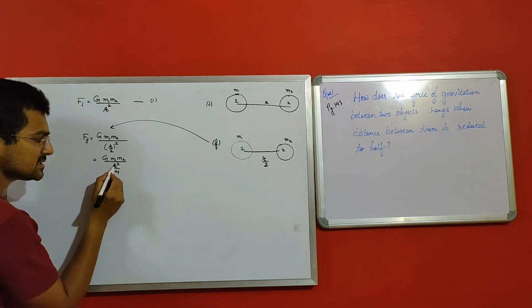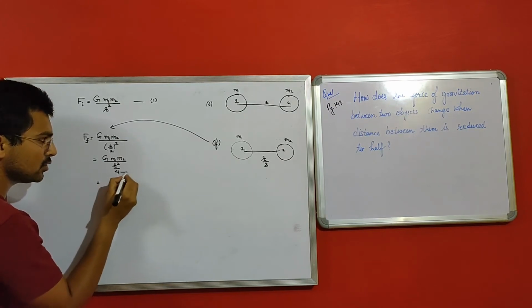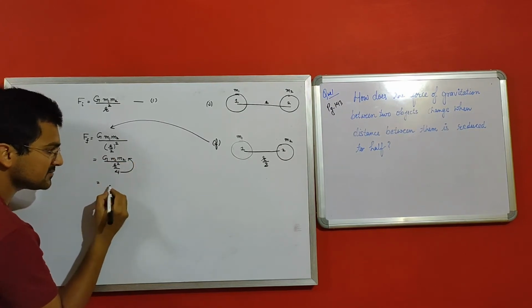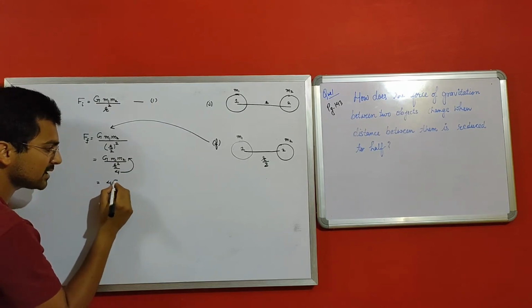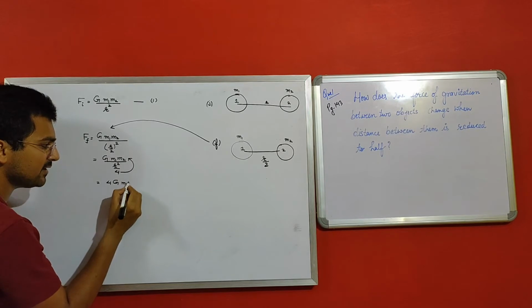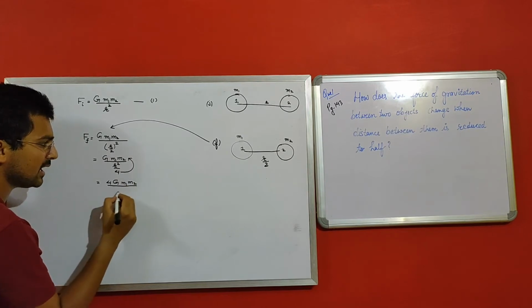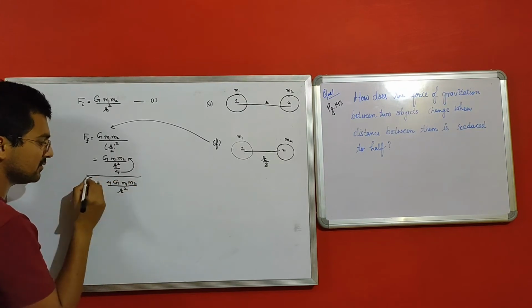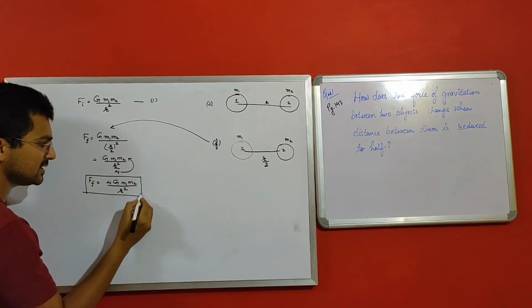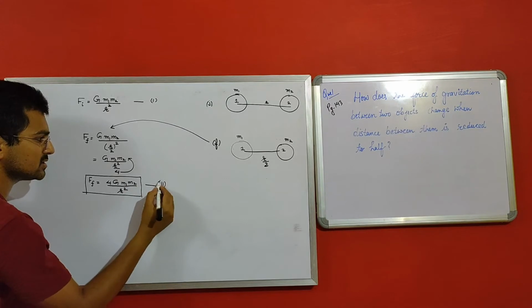Here, this r square by 4 when it goes above, the 4 which is in division will become multiplication. Therefore, it is 4 G m1 m2 by r square. This is the final force. Give this equation number 2.